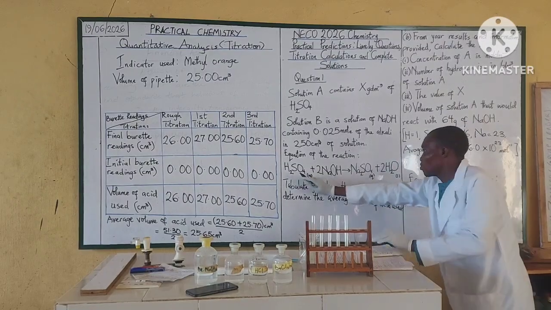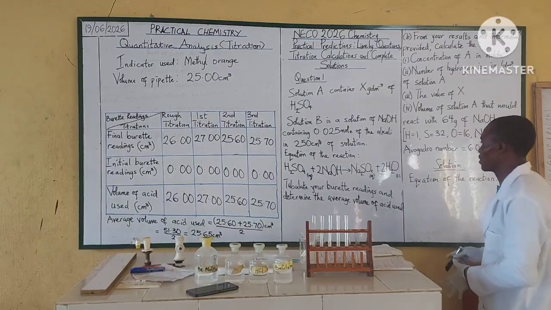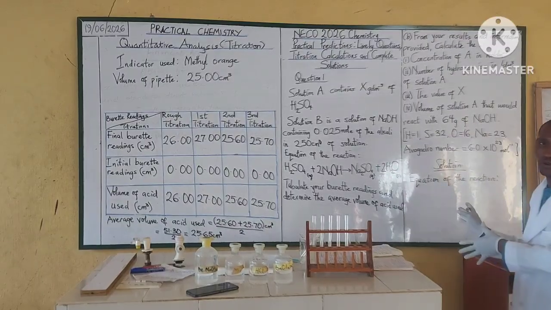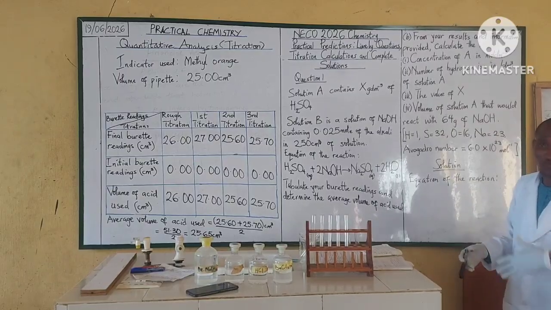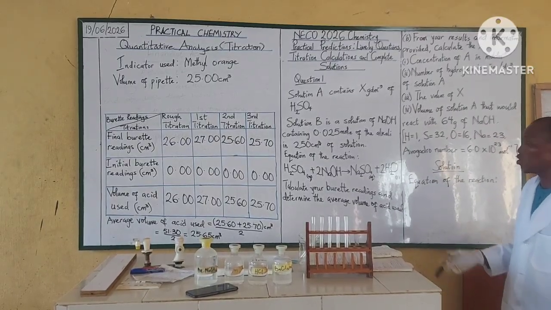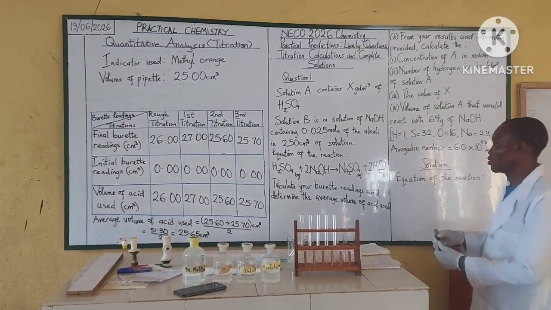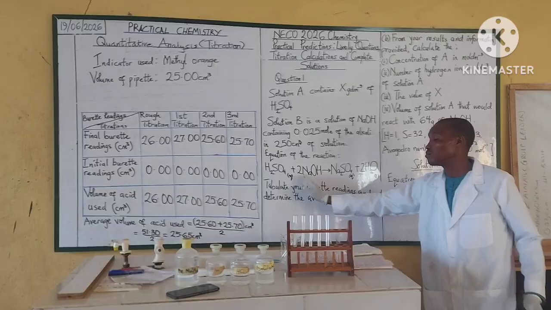Of course, we are going to rewrite this equation again. Why do we need to do that? So that it can serve as a guide for us, in order to prevent us from flipping through our questions again and again. Of course, this will be needed, especially the number of moles of acid and the number of moles of base.